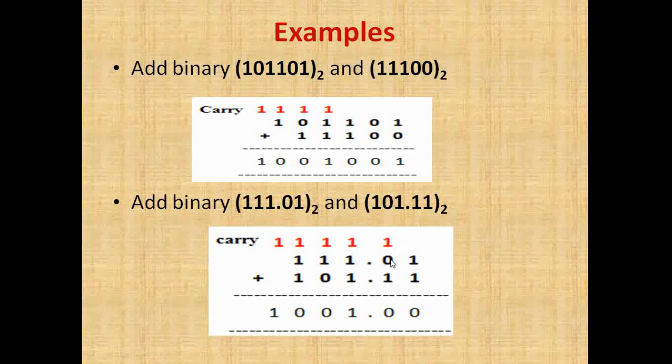Now this 1 plus 0 is 1, and that 1 plus 1 is 0 and carry 1, right? Now 1 plus 1 plus 1 gives you, the fifth rule says, 1 with a carry of 1. Now 1 plus 1 is 0 with a carry of 1. So we'll write that carry here, and that 0 plus 0 is 0.